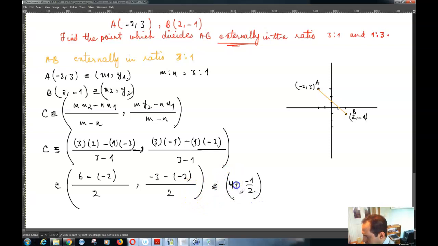So it's 4 comma -1 half. So 4 comma -1 half would be 1, 2, 3, and 4, and -1 half, that would be this point.